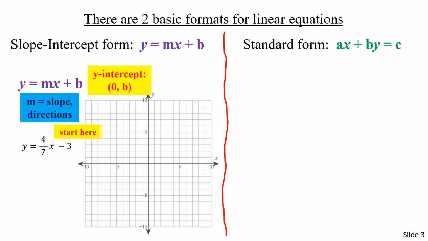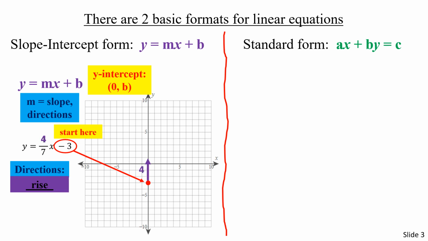The y-intercept, the b, is where we start. So we're going to start at negative 3 on the y-axis. The 4/7 are our directions. Rise up 4, run 7 to the right. Boom, done.